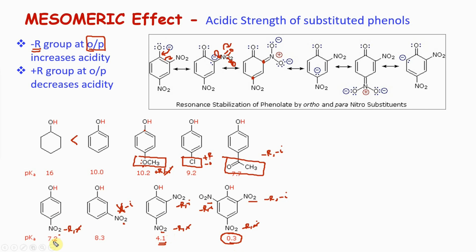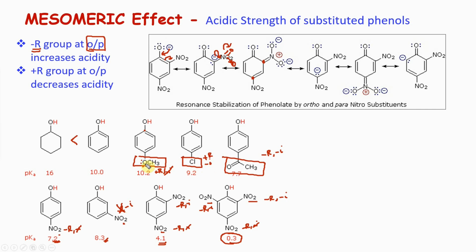NO2 is stronger, so next lowest pKa compared to this. Then I go to this minus R. All my minus R's are done. Then I look at my I effect, minus I. So hence this comes. Okay. Next is between these two. They have no minus I because they are far, but they are plus R.